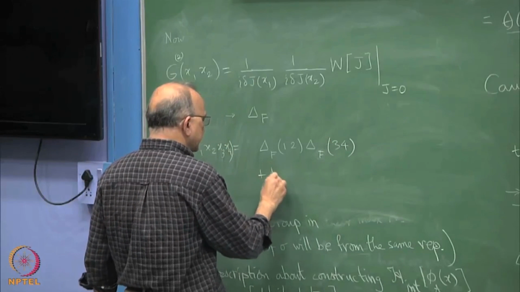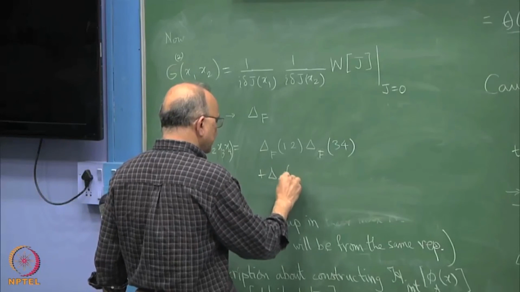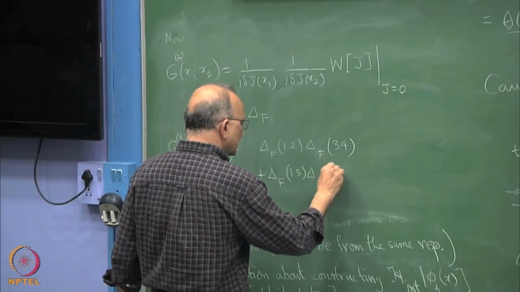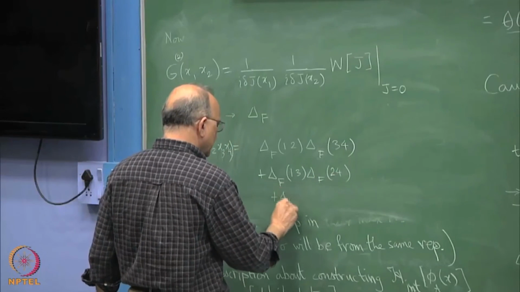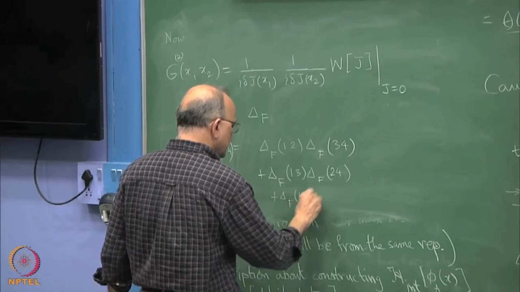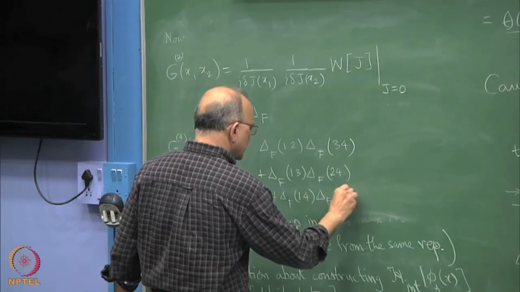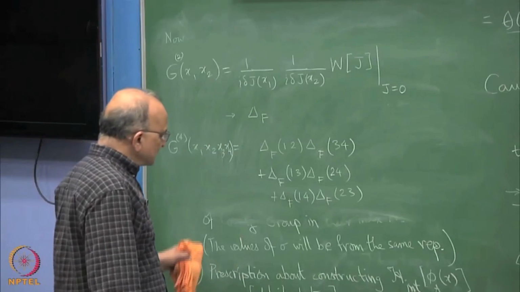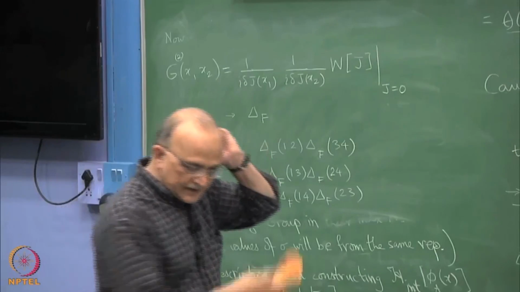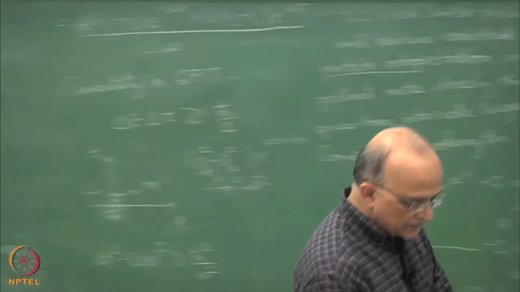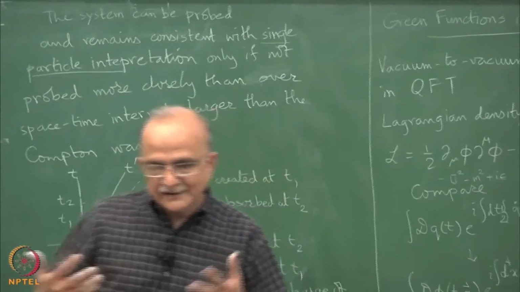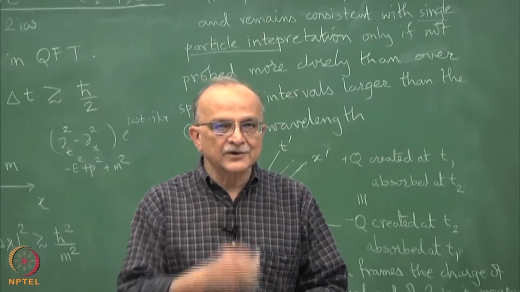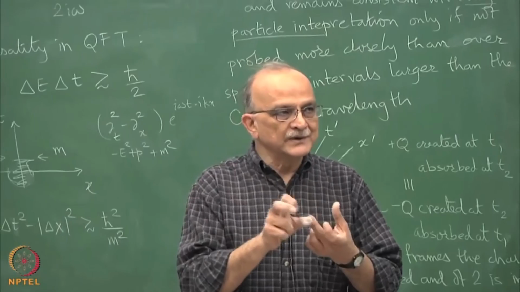But plus alternatives. You can just check, we'll check it in more detail next time. So the 4-point function will just boil down to a sum of terms, each of which is again a product of pairwise 2-point functions.